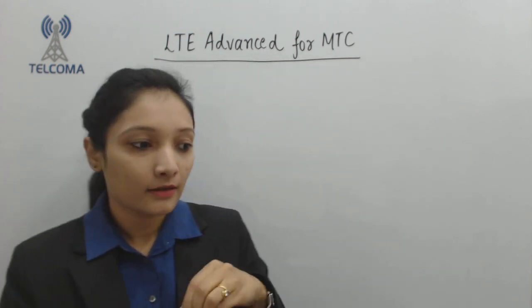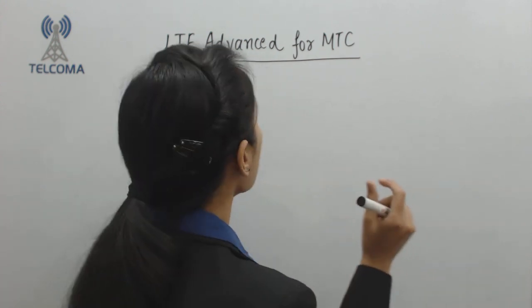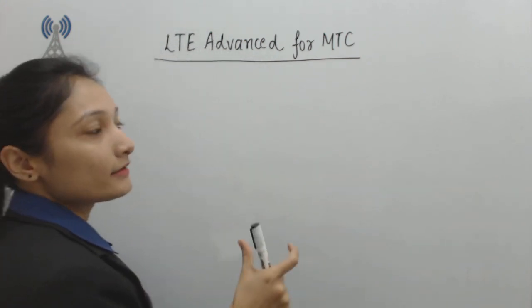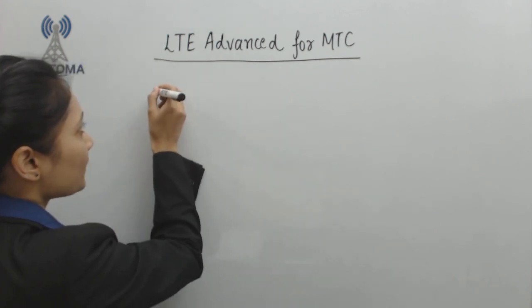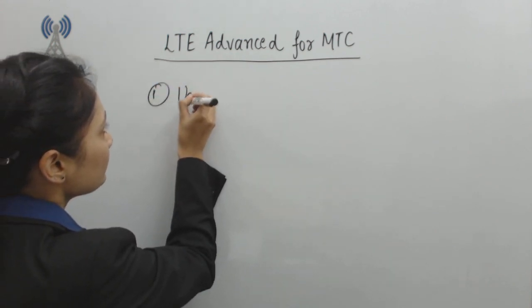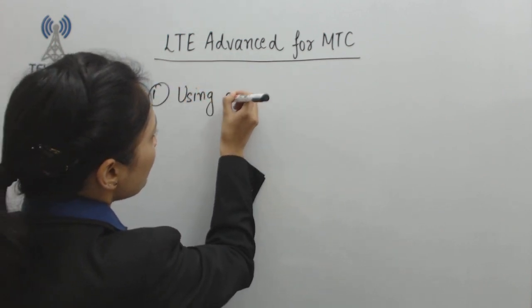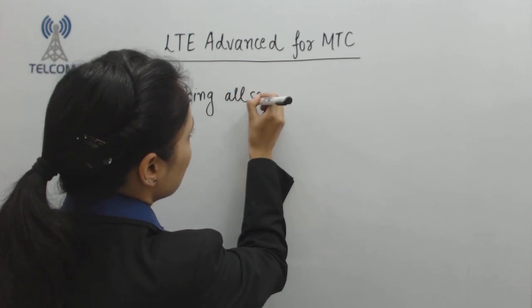The first criterion for optimizing LTE Advanced for MTC is using all kinds of spectrums.